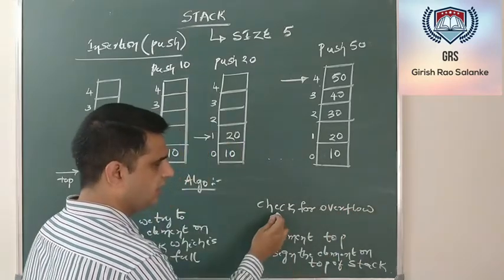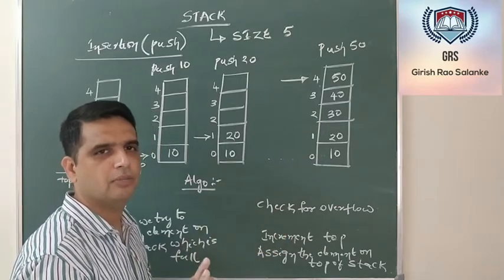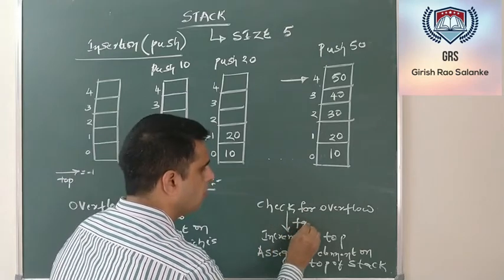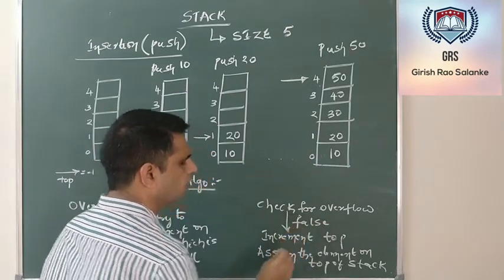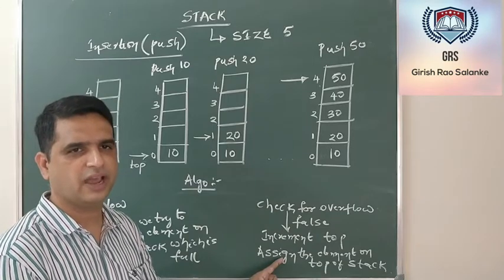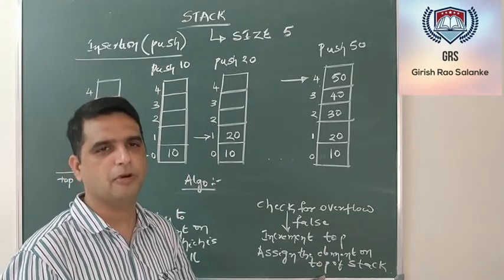If this condition is true, then it implies that you can't perform the push operation. If this condition is false, then only you can push a new element onto the stack. You need to increment the top, and then you need to assign the element at the top of the stack.